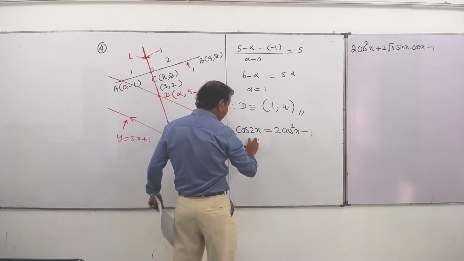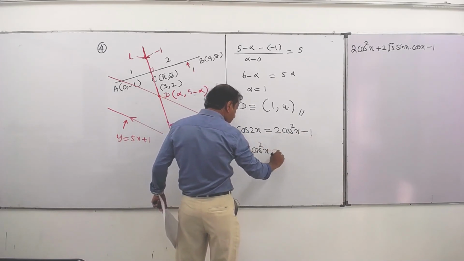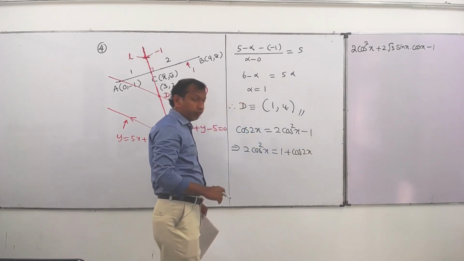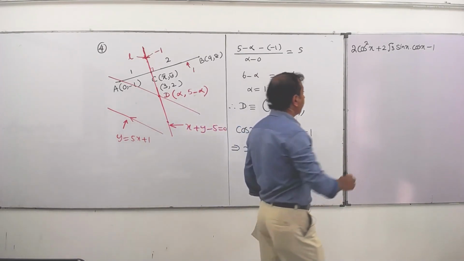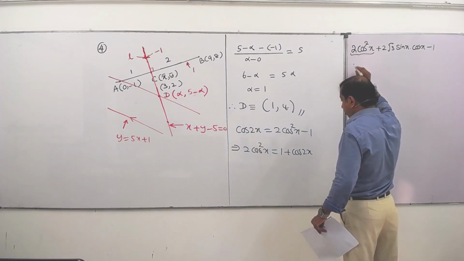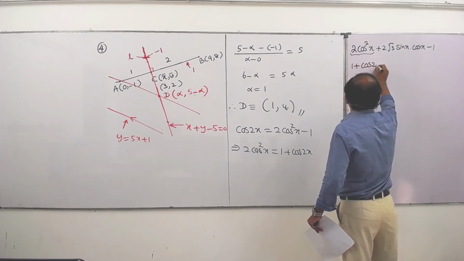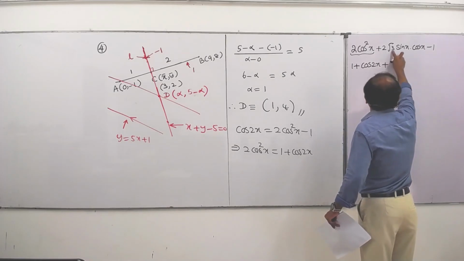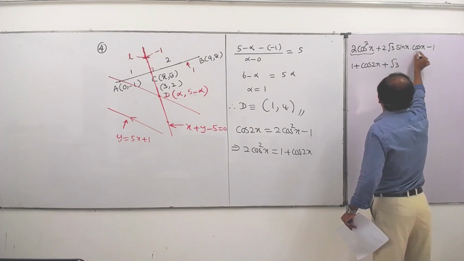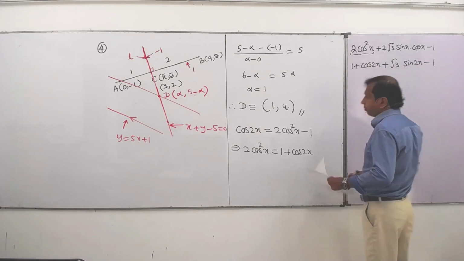Taking this side, we get 2 cos squared x as 1 plus cos 2x. So we can write 1 plus cos 2x. Here is root 3, I keep it away. Then 2 sin x cos x is sin 2x, minus 1. This way we can write.